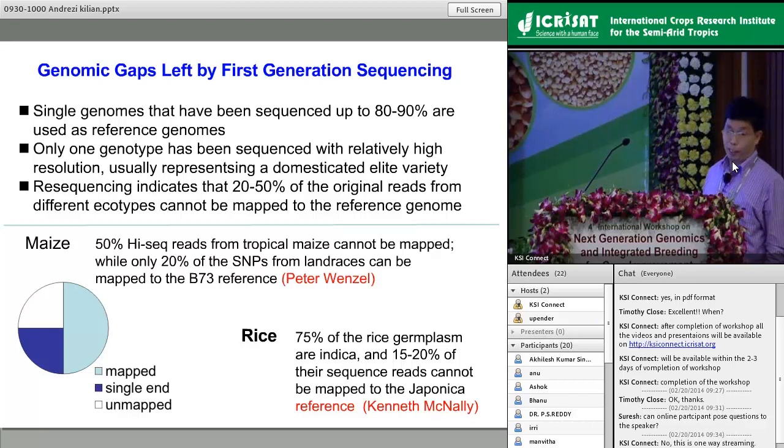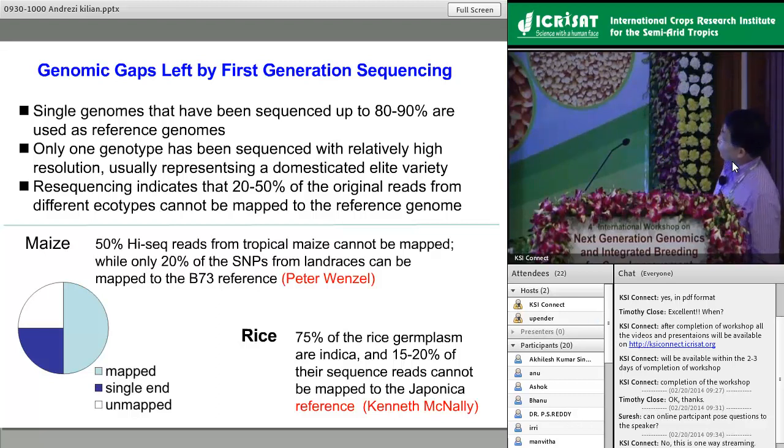It's not 100% for the reference genotype per se, so that is used as a reference genome. Second, only one genotype has been sequenced with a relatively high resolution, usually representing a domestic variety, a modern variety. So that's the problem you can say.